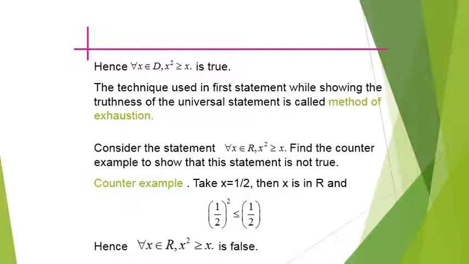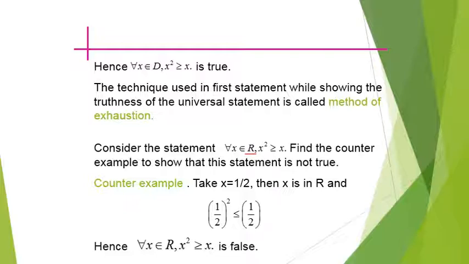Now if we take some value in this statement, but here the statement is changed because there X was belonging to some set D, but here X is belonging to the set R, and R is the real number system.